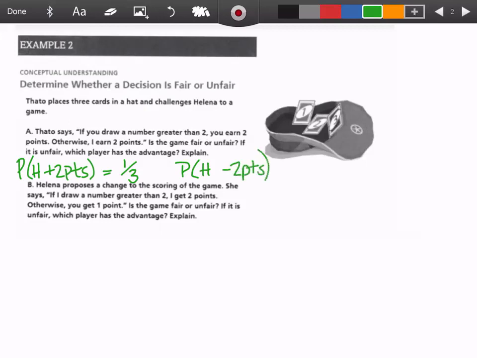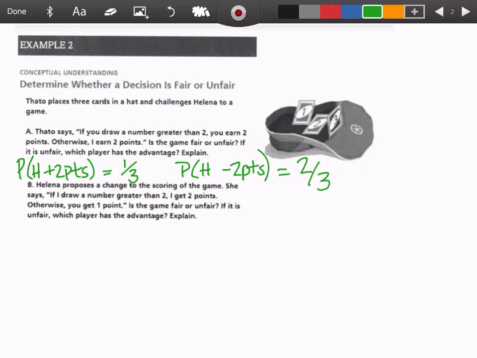She doesn't lose 2 points, but Theodo earns them. So in this game, we're going to count Theodo earning 2 points as Helena not being able to earn them. So she lost 2 points. That would be 2 out of 3, because Theodo earns 2 points if Helena doesn't pick a 3, essentially. So we have 1/3 and 2/3.